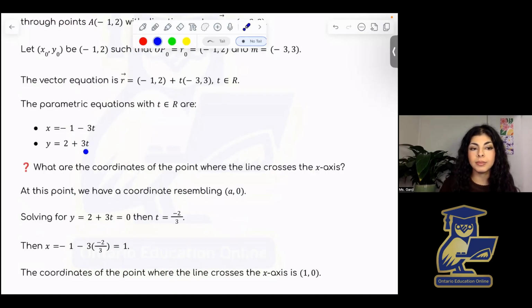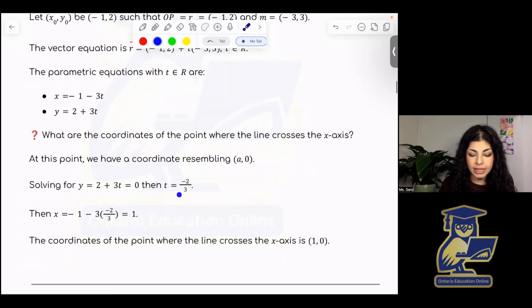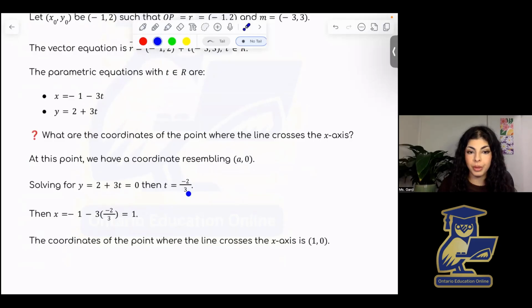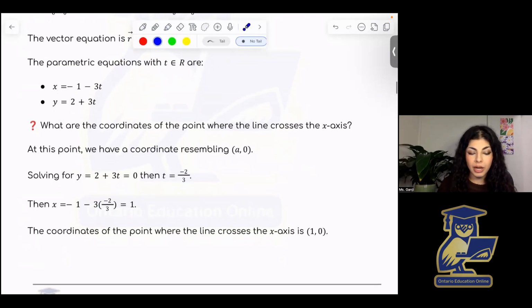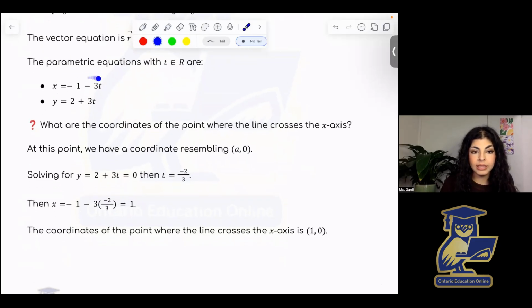So we let this equal 0 to get t equals negative 2 over 3. Now we solve for our x based on this equation here, negative 1 minus 3t, and we get x is equal to 1. So the coordinate of the point where the line crosses the x-axis is (1, 0).